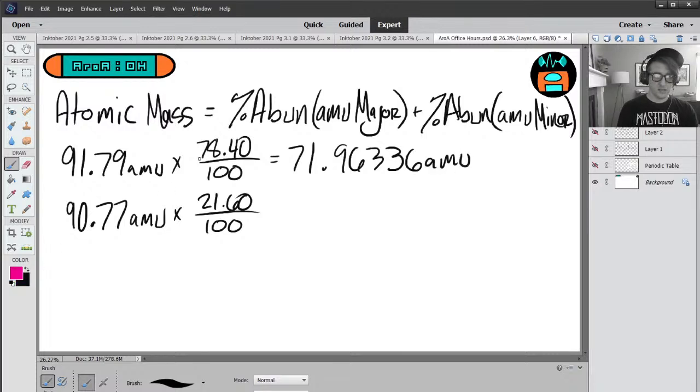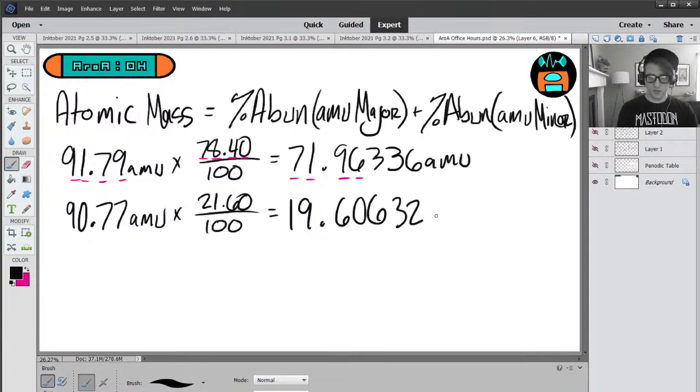Sig figs wise, we're limited to 4 by both our percent and our atomic mass of our isotope, so this number has 4 sig figs. Now, for our second, we've got 90.77 times 21.60 divided by 100. This is 19.60632 AMU, and again, we are limited here to 4 significant figures.